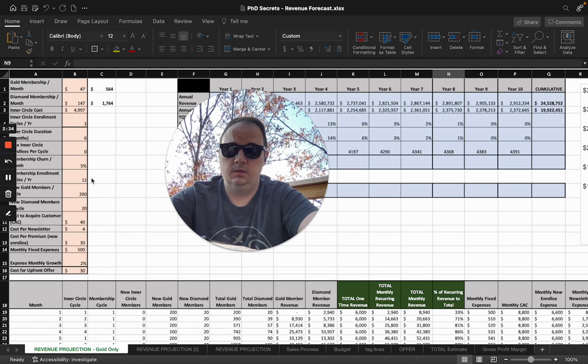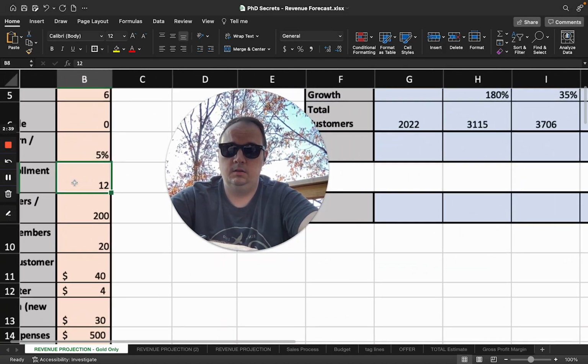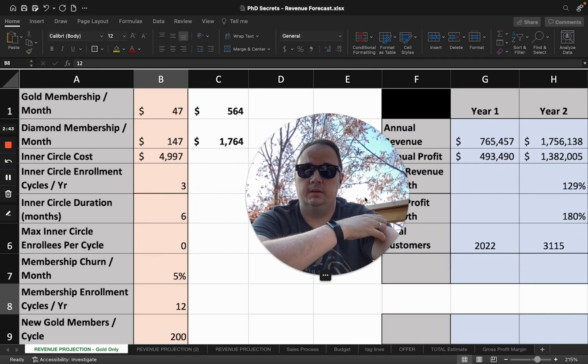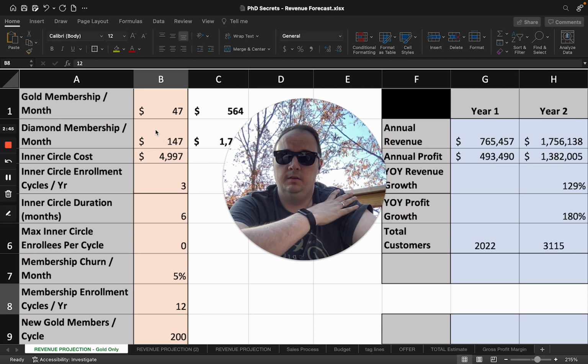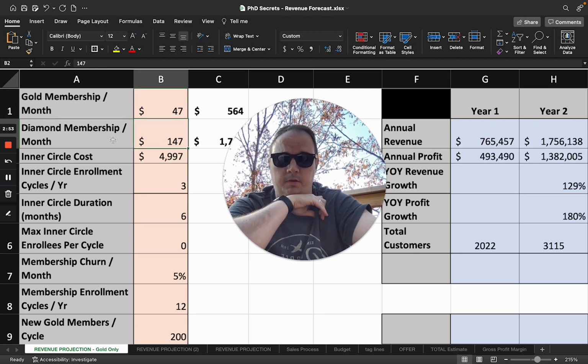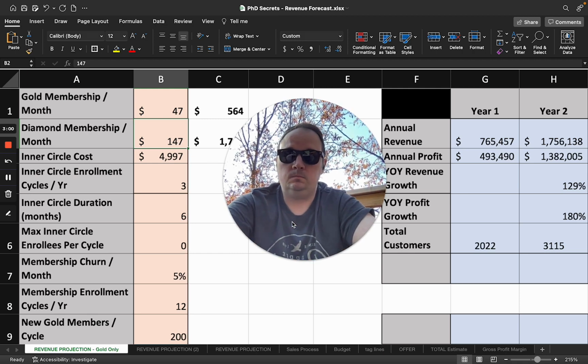Okay, and I'll blow this up a little bit if I can. As I talked about yesterday, on this worksheet you plug in your gold membership value, $47. Diamond membership, I did play around with some of those numbers, but let's just assume $147 a month.